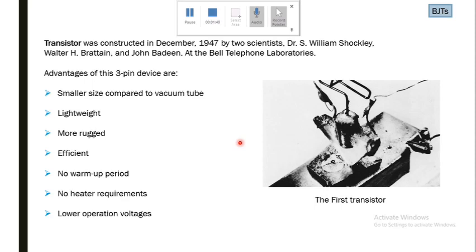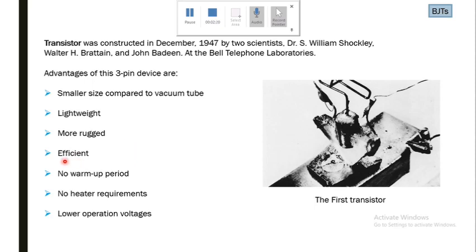There are numerous advantages of this semiconductor device, the BJT transistor, over vacuum tubes. These are smaller in size as compared to vacuum tubes. They are also lightweight, and the construction is more rugged.